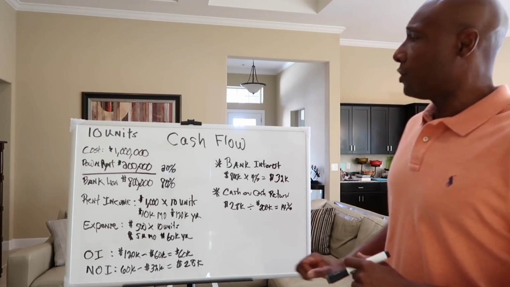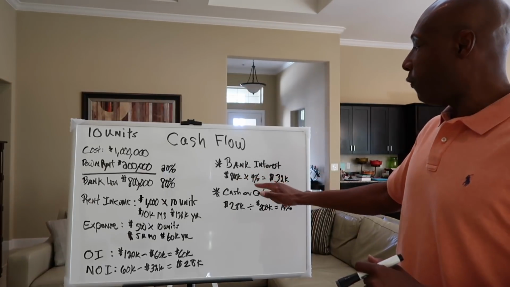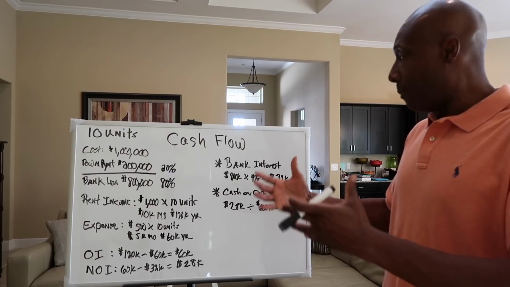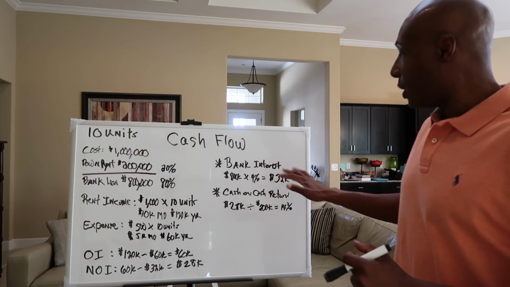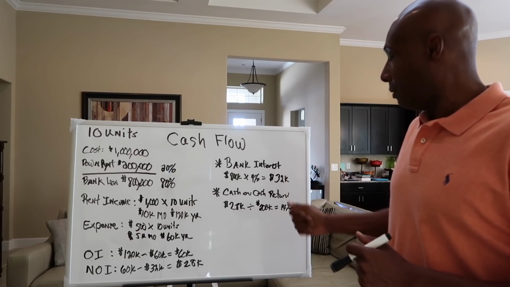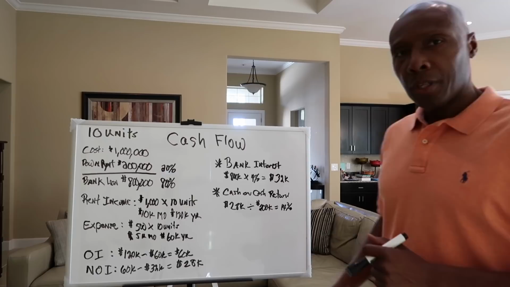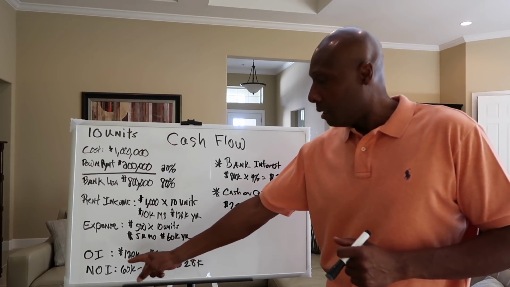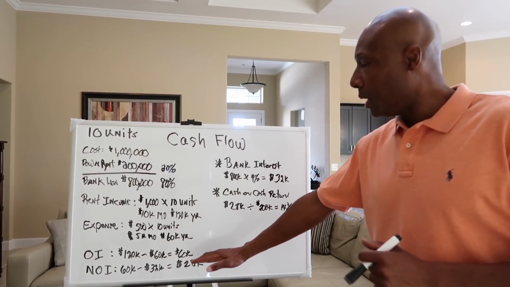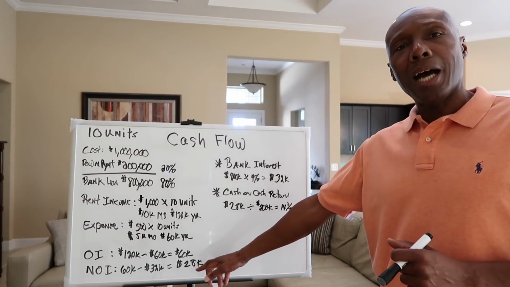What you simply do is your bank loan was for $800,000 times 4%, which is your interest rate from the bank loan, which gives you $32,000 in interest expense per year. There's the math on it. So I take that $32,000 and subtract it from my operating income of $60K, which gives me a net operating income of $28,000.